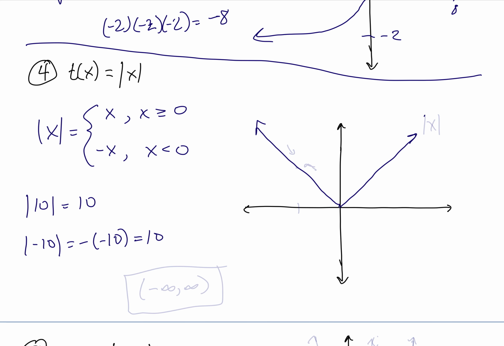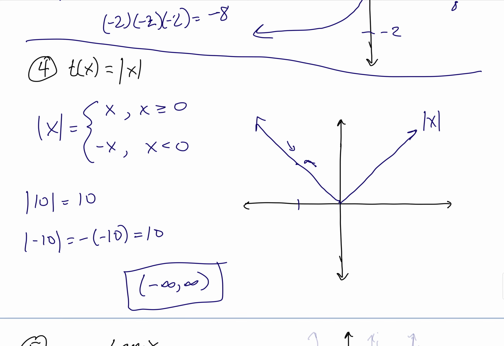And so this is the function absolute value of x. And we see that for any input value, the limit would exist and be equal to the function value at that point. We can draw that function without lifting our pencil. And so again, this is over all real numbers, negative infinity up to positive infinity is our solution.